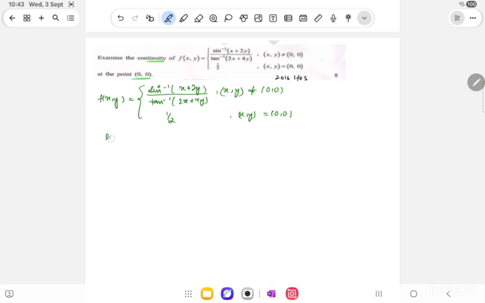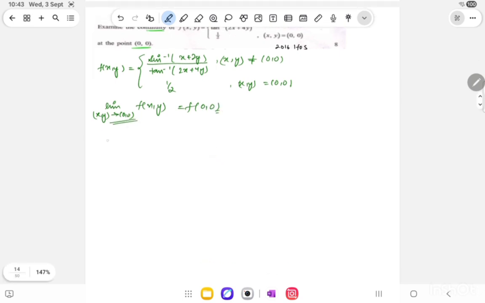To check continuity, it's enough to check if the limit as (x, y) approaches (0, 0) is equal to f(0, 0). So we are supposed to check this limit on the left hand side. Let us assume that y is equal to mx. Then the limit as (x, y) approaches (0, 0) of f(x, y) will be equal to the limit as x approaches 0 of f(x, mx).